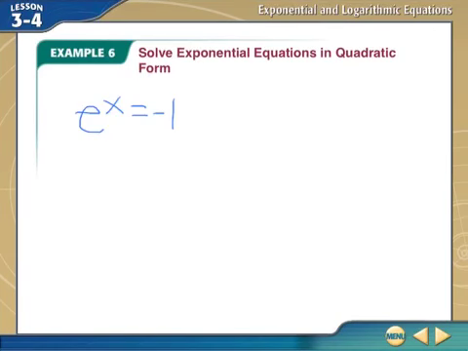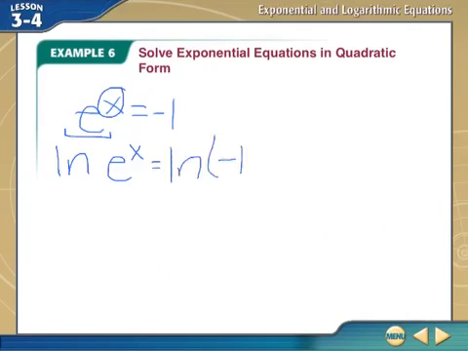In order to solve e to the x equals negative 1, since I want to solve for x, I'm going to take the logarithm of both sides. Since my base is e, I'm going to use natural logarithms to solve this exponential equation. So I'm going to take the natural log on both sides of my equation.